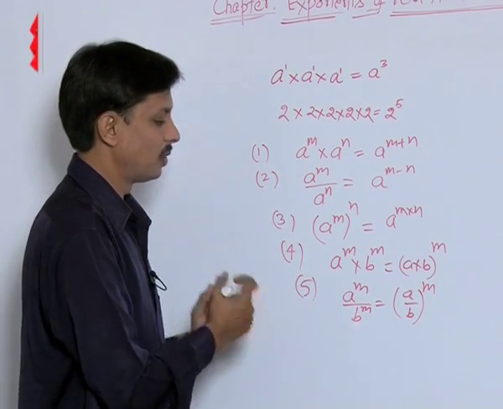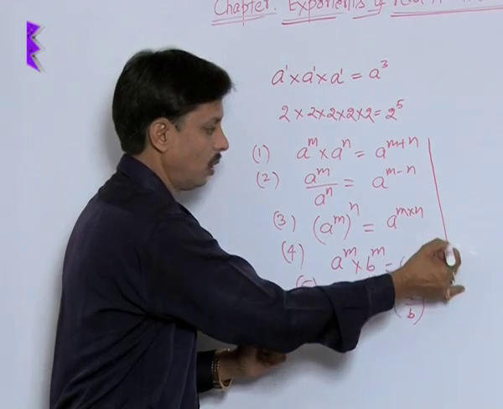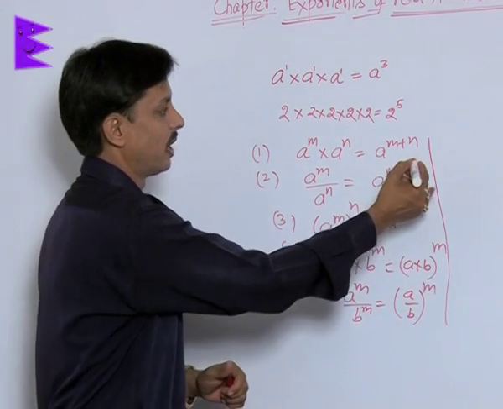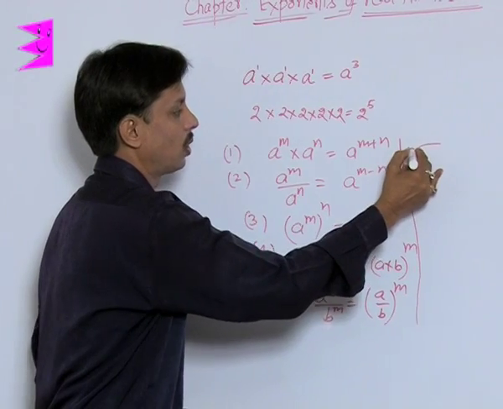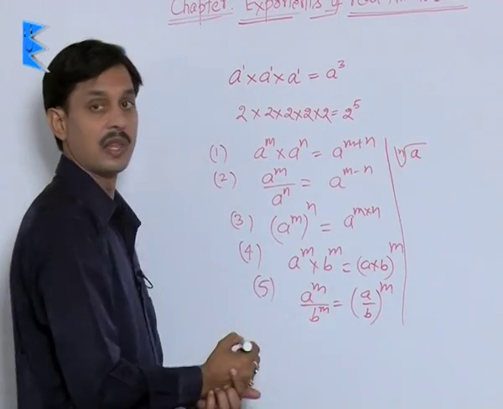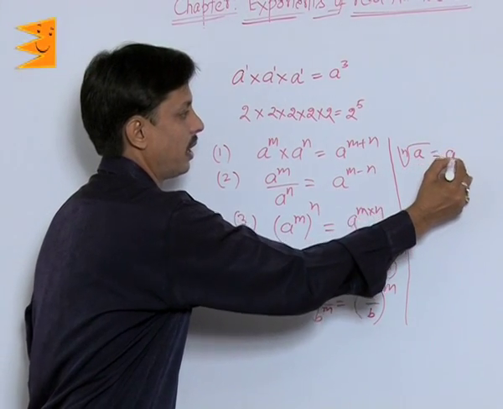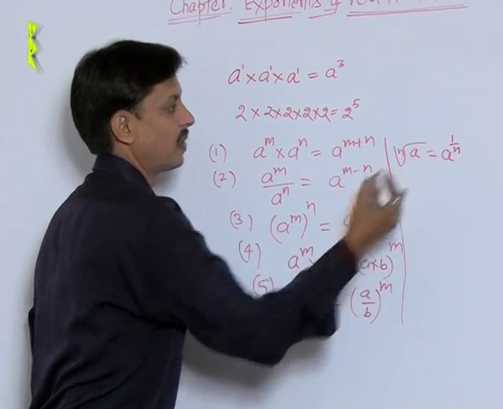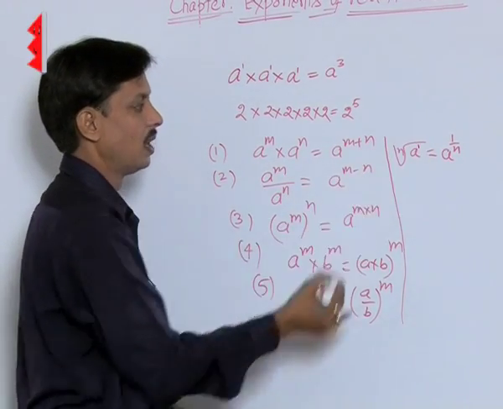With the help of this, I also want to tell you there may be another rule. In case somewhere it is written like nth root of a, nth root of a means a raised to the power 1 upon n. This becomes the answer of nth root of a.